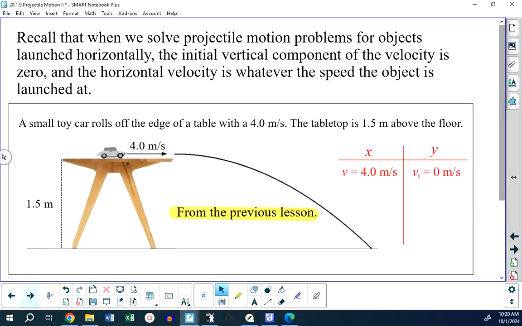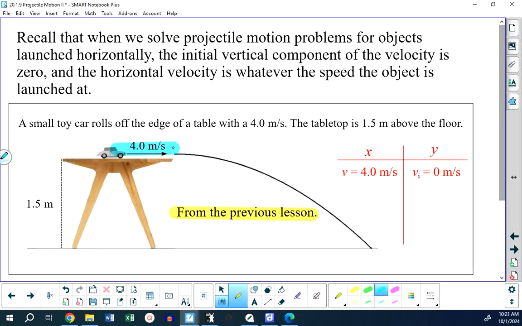So again, when you look at this diagram and you see on here that this is 4 meters per second, I'm not saying that's the horizontal velocity. I mean, it is. But what I'm saying is that's the velocity of the car to begin with, 4 meters per second in that direction. And when you tear it apart into components, you put the 4 meters per second as v for x because the horizontal component of that blue velocity is 4.